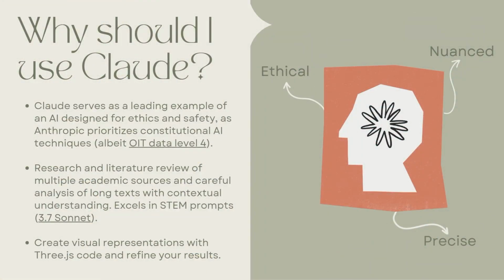Why should I use Claude? As I said, it serves as a leading example of an AI designed for ethics and safety. If we link here to the FAU.ai website, the OIT, the Office of Information Technology, classifies Claude as data level 4, which is non-sensitive information that is not protected by the university or by law.